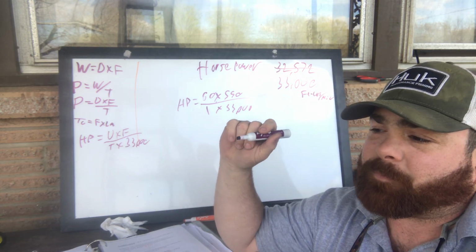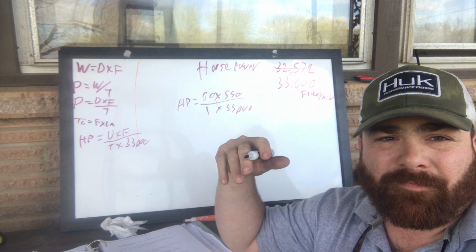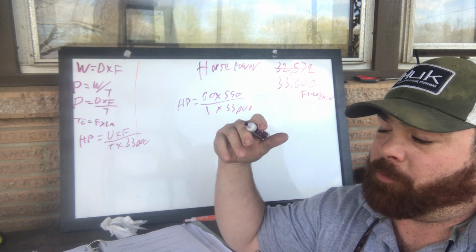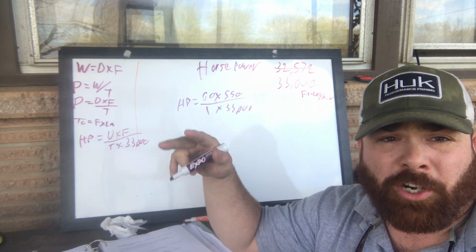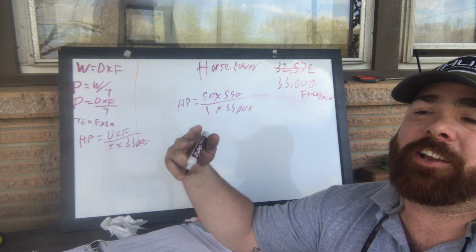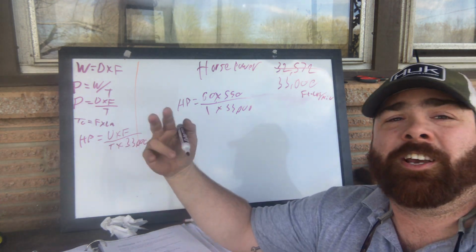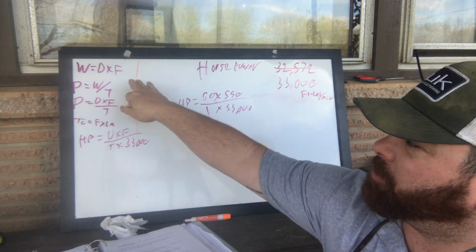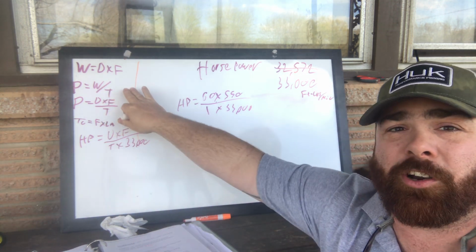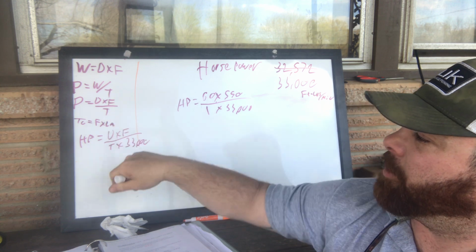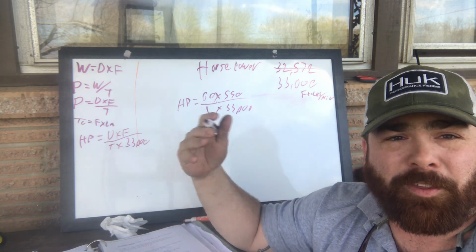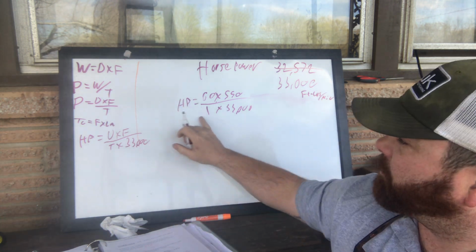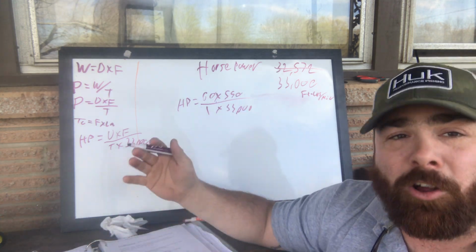The other day, in one of my last videos on the power calculation, I showed you 2 tractors, a big tractor and a small tractor. I said if they can do the same work, but one does it faster, the same work is being performed. This equation is going to be the same, but if one does it faster, the time denominator is going to make the math different. So let's say this is a small tractor.